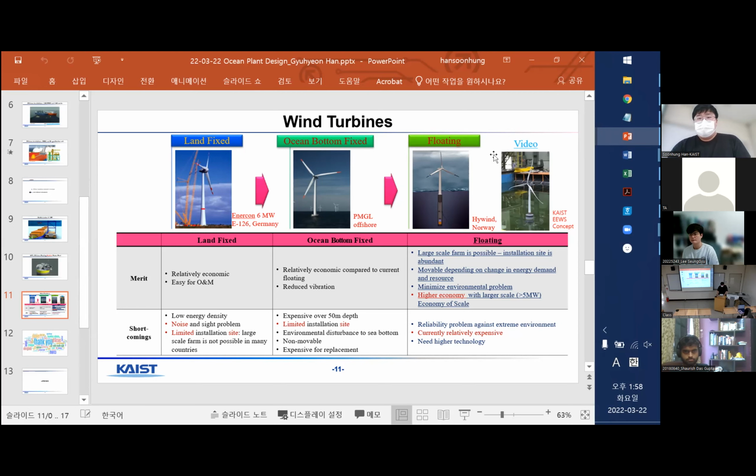So the final version is the floating version of the wind turbines, but still it has some limitations about the technology or extreme cases. So maybe we can discuss this later. And this is my last video.